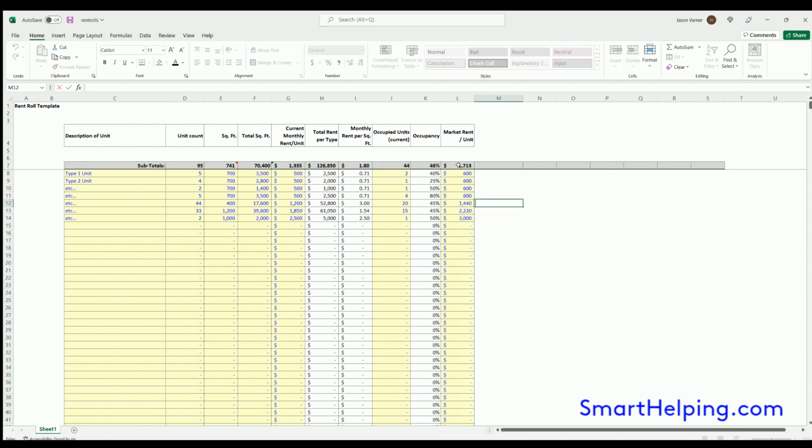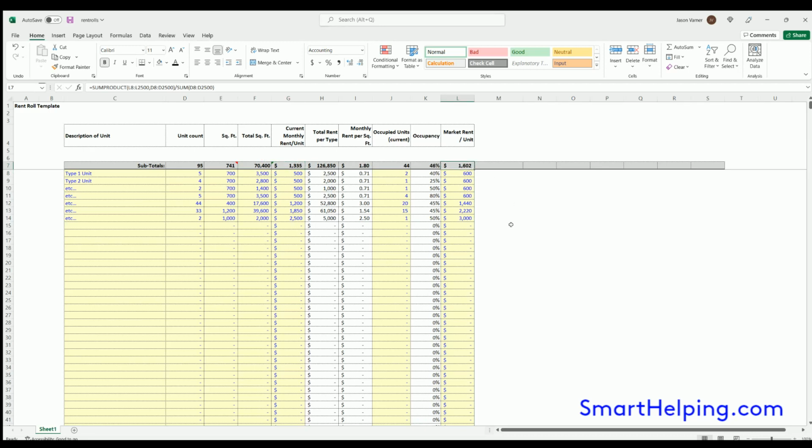And that is then a weighted average. Let's do this against total units that there are. So right now, the weighted average rent per unit is 1335.